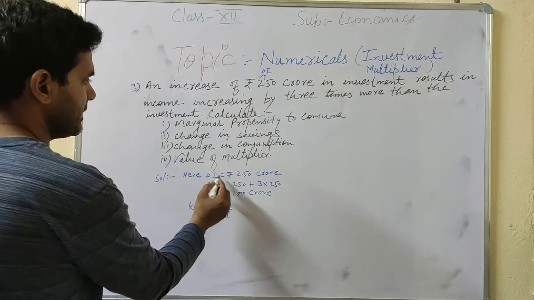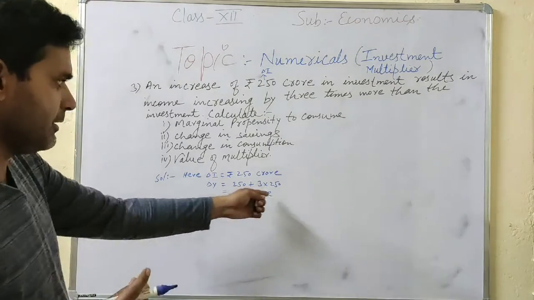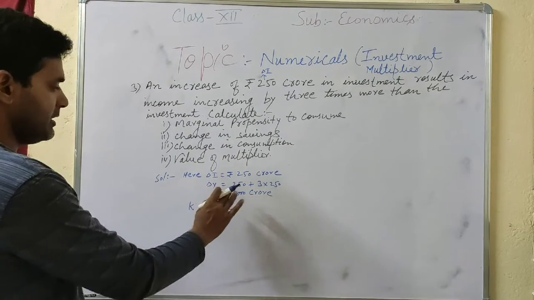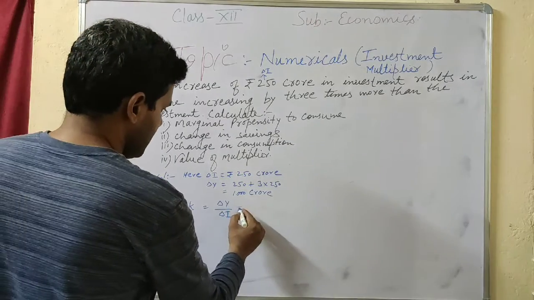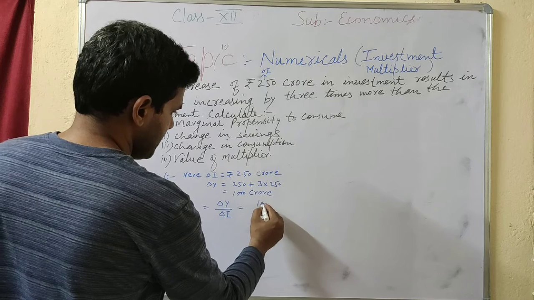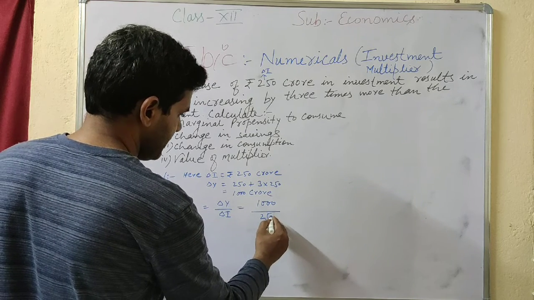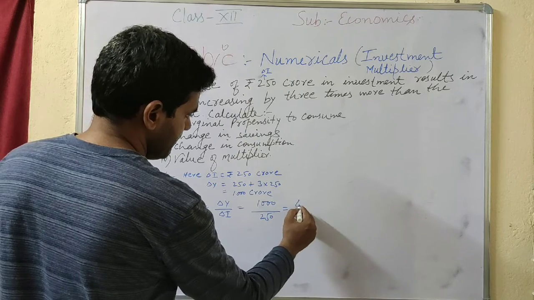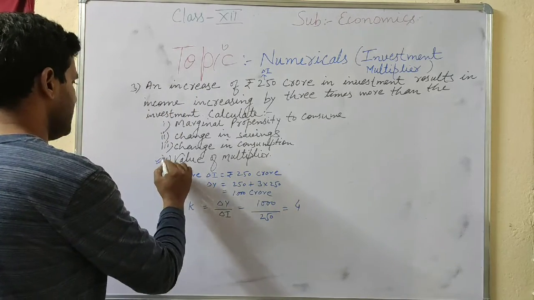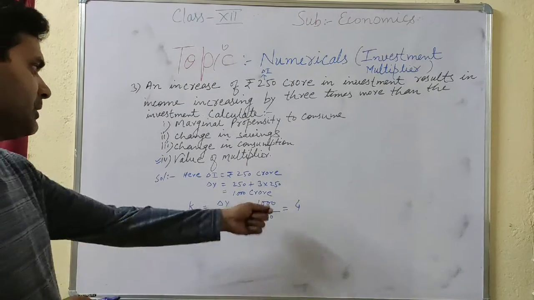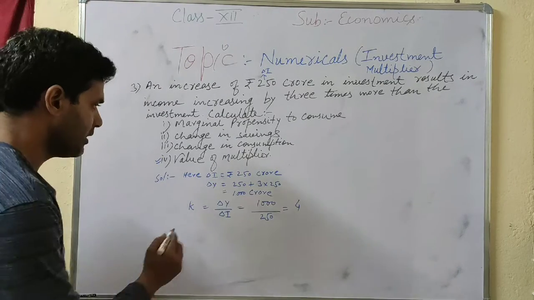Here delta I is given, and delta Y we have calculated with the help of the question. So we can easily calculate the value of K. Delta Y is 1000, delta I is 250, so the value of K will be 4. So the fourth part has been solved. Value of multiplier is 4.